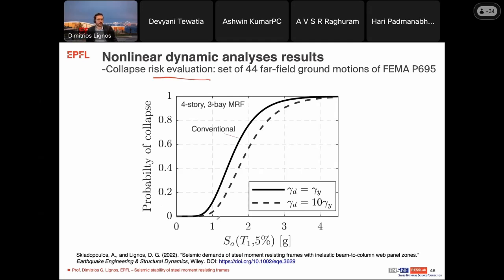And this fragility curve for a 4-story building here shows that if you are looking, for instance, at a spectral acceleration of about 1g at the roof of the building, you see that the conventional design where the panel zones remain elastic would have a probability of collapse on the order of 12 to 15%, whereas the design with inelastic panel zones is going to reduce this by at least a factor of 2, and you would have the probability of collapse in the range of 5% or so.